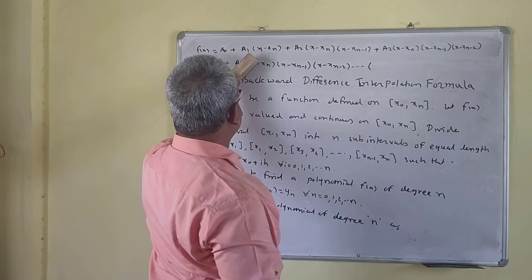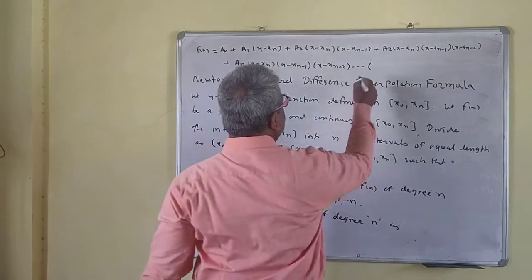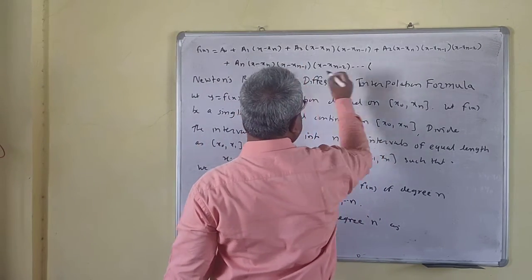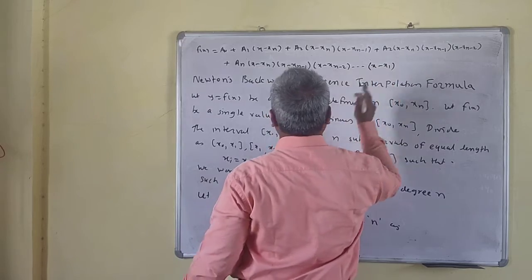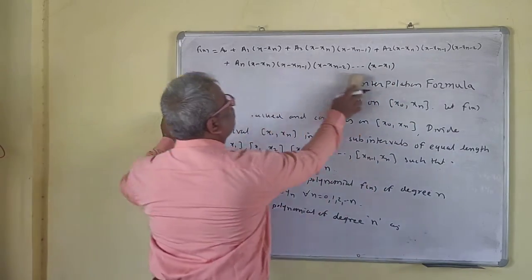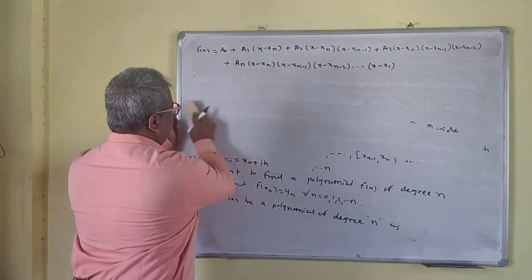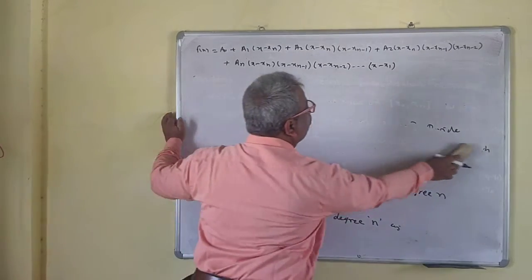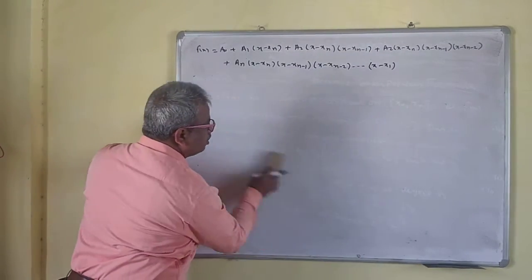The last term will go down to (x minus x1). This is very important, this is the crucial step.